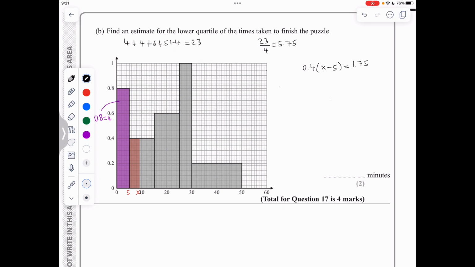I will expand this to give me 0.4x minus 2 is 1.75, which takes me to 0.4x is equal to 3.75, and therefore x is 9.375, and we conclude that the lower quartile for the data is 9.375 minutes.